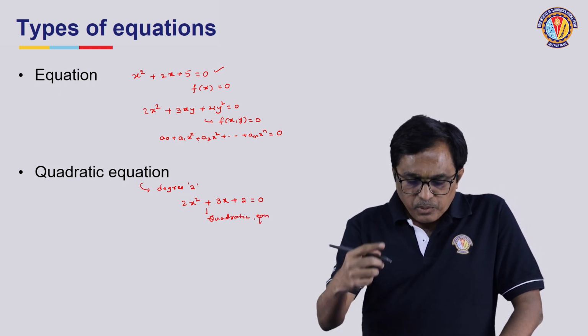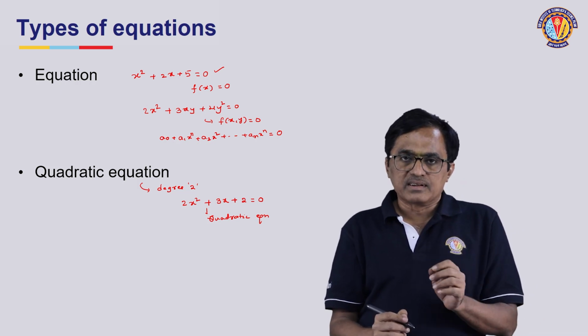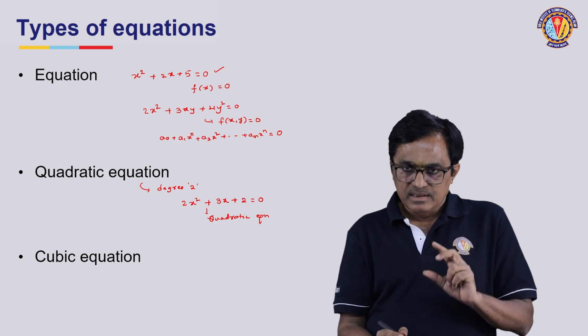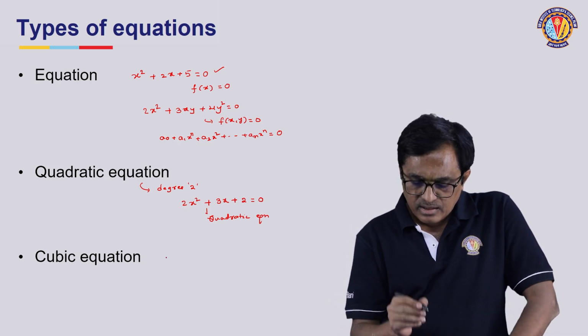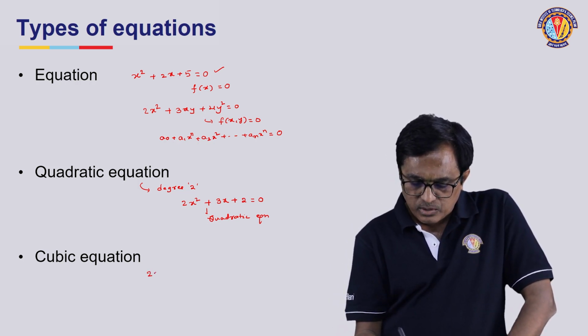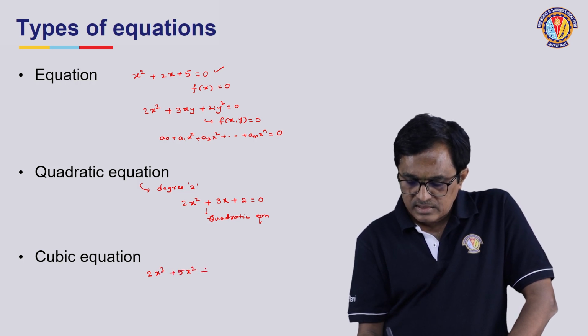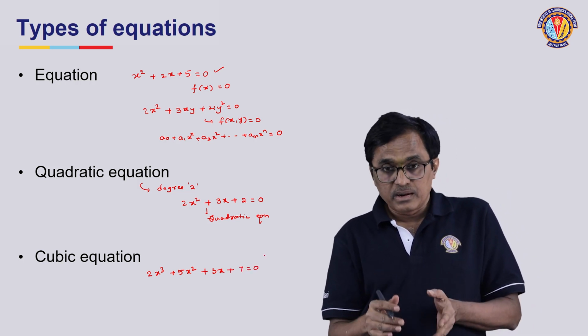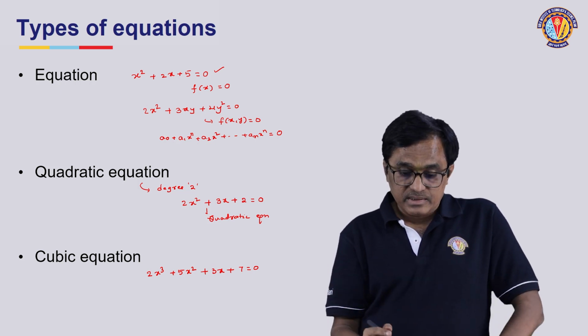Suppose in this polynomial equation itself, if we consider the polynomial with the highest degree as 3, then for example, if we take 2x cube plus 5x square plus 3x plus 7 equal to 0. If you see, undoubtedly this is a polynomial, and equal to 0 is a polynomial equation.